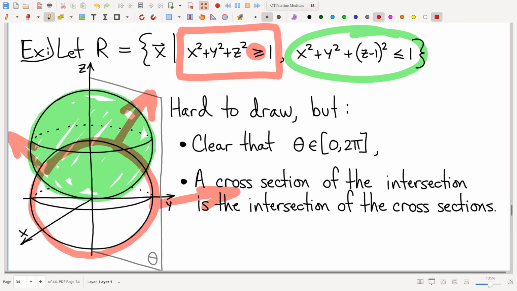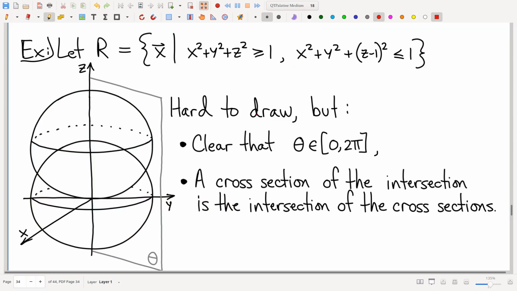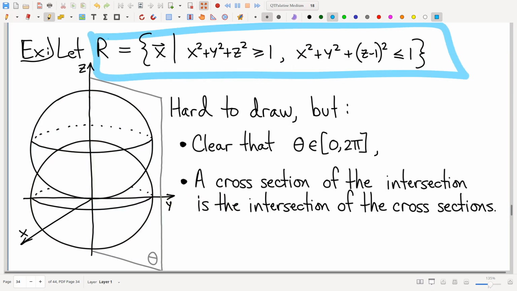And now again, geometric appeal, you got to think about how that looks, and I claim that what this looks like is, now it's going to be hard to draw, and I'm going to do a poor job of it, and then I'm going to show you how to deal with this. Something vaguely kind of like this, but again, kind of like an example that we saw when we were doing triple integrals, rectangular triple integrals. There's kind of a cavity.